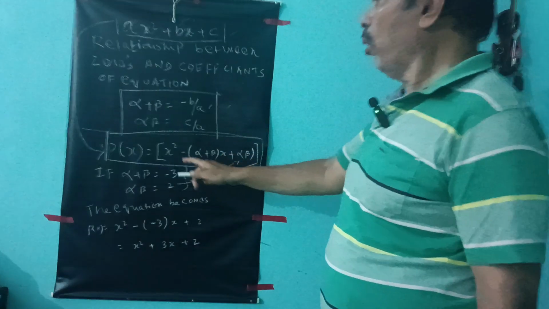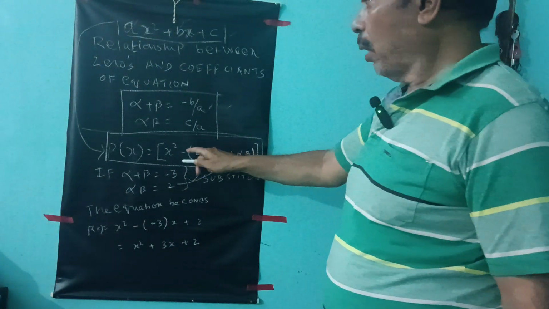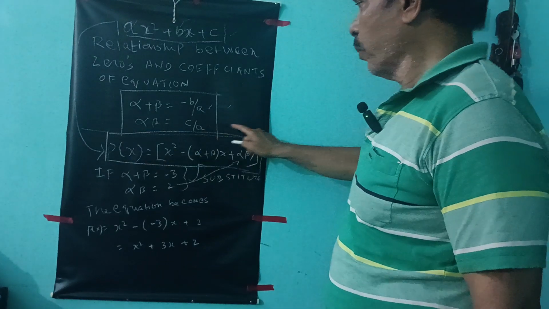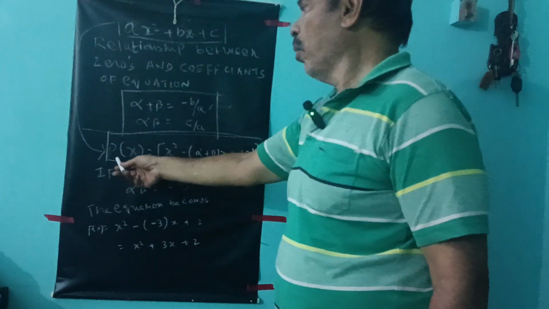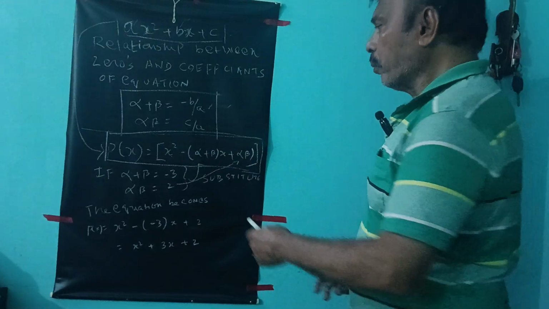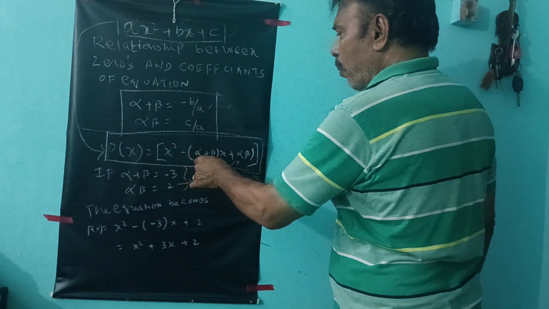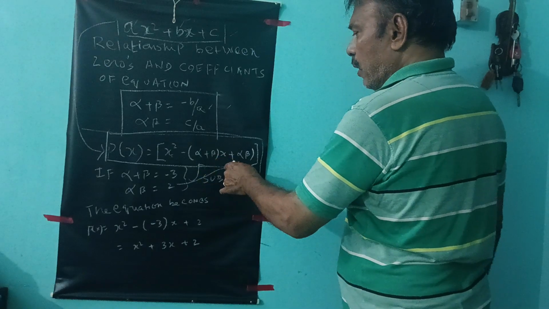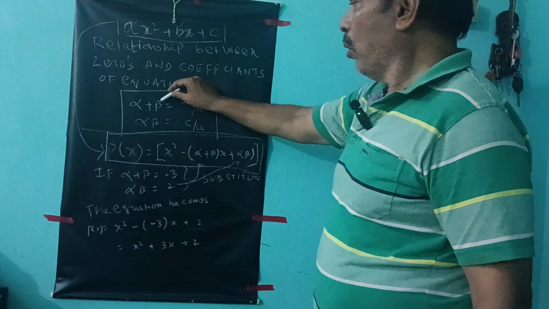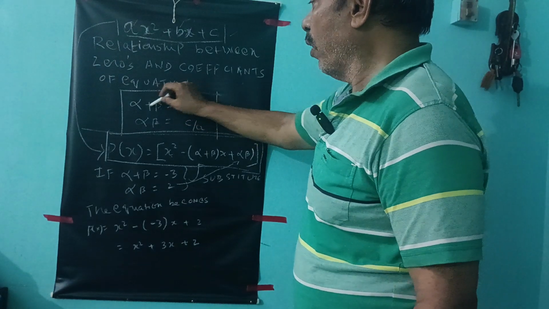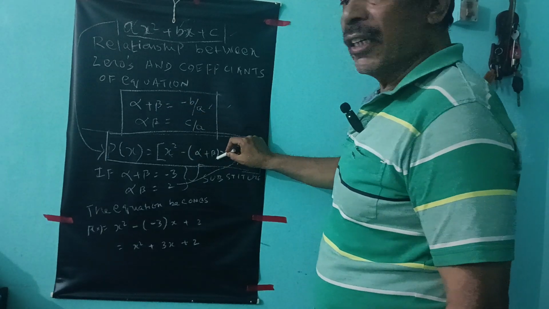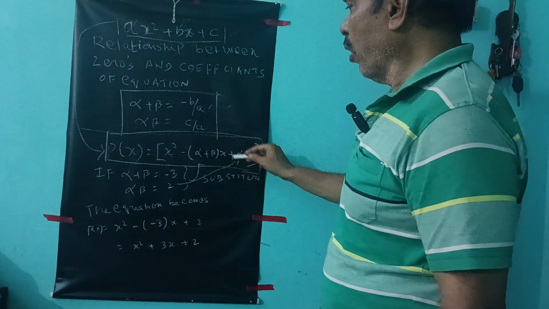Now one more important formula is coming. That is, polynomial of x is equal to x squared minus alpha plus beta into x plus alpha beta. That is, if you know the alpha plus beta, you can insert in this equation and you can form the equation.